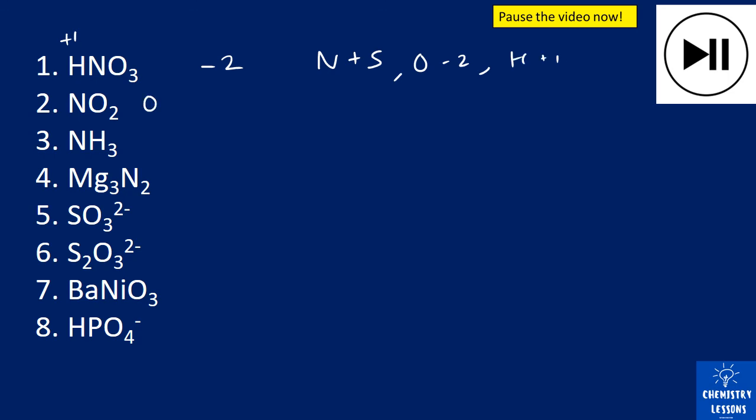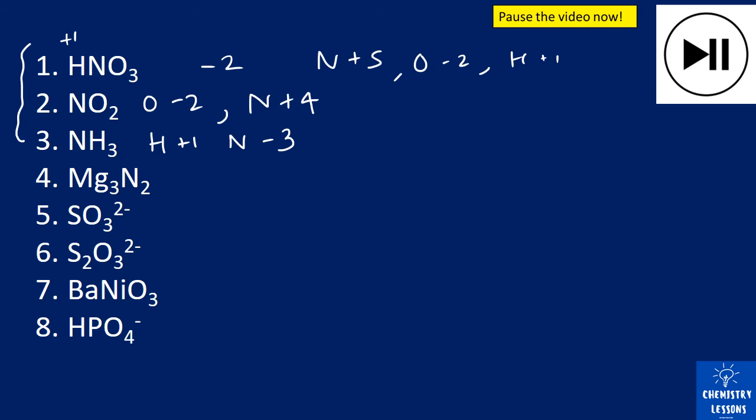Next one, oxygen is -2, and the nitrogen is +4. And the next one, hydrogen +1, nitrogen -3. So you can see in the first 3 questions, nitrogen's all over the place. Depends what it's bonded to and what it's doing. So in nitric acid, nitrogen is +5. In NO2, it's +4. And in ammonia NH3, it's -3.